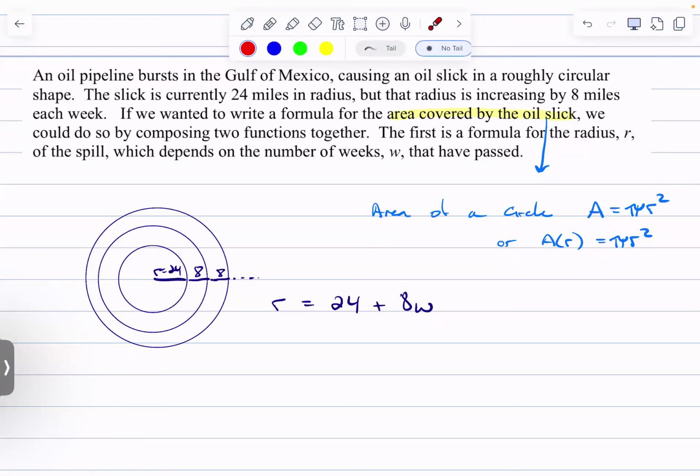But as you read more and more questions, you'll start to see a pattern. It starts at this size and then it increases by this much for each week or for each minute or for each whatever. Then you get comfortable building an equation like this.